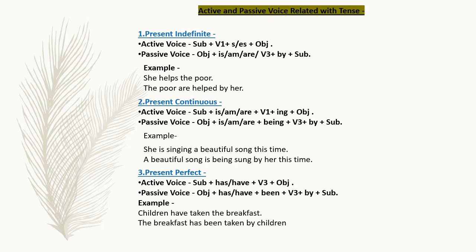Children have taken their breakfast. So the breakfast has been taken by children. Has been, as I told you. The breakfast is singular, so has will be added, been will be added next to it, then taken, that is the V3 form of take, plus by, plus children.